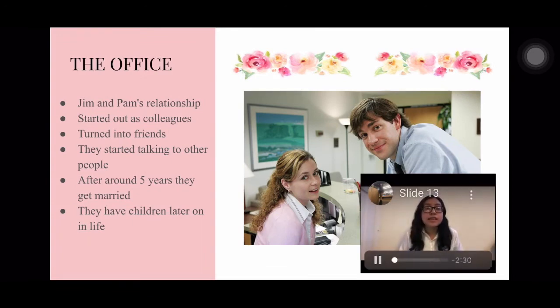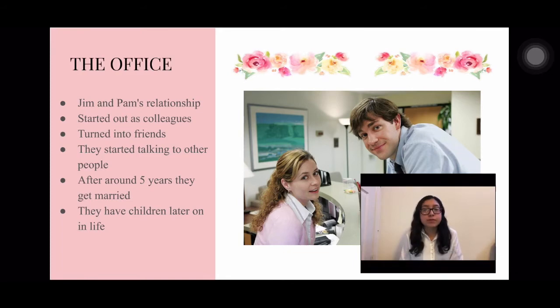The next example we wanted to use was Jim and Pam from The Office. So they show the onion theory because Jim is a salesman and Pam is a receptionist, and so when they first start working, they are only co-workers.